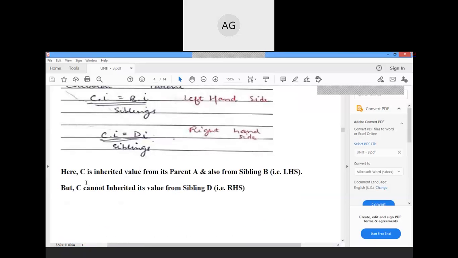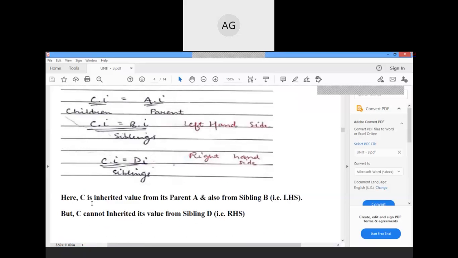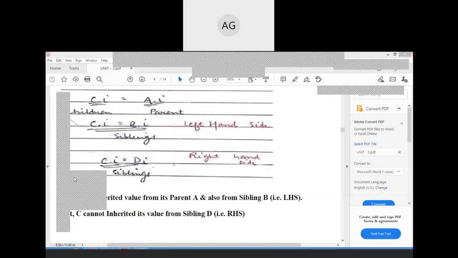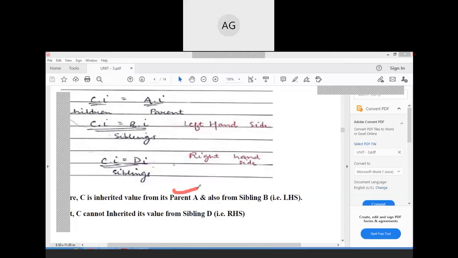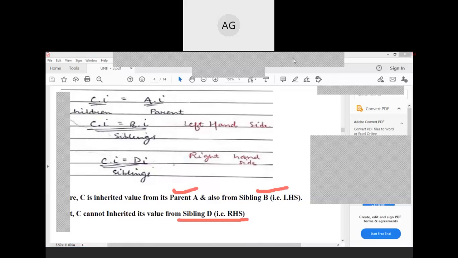So in this example, C inherits its value from its parent A and also from its sibling B, and C cannot inherit its value from its sibling D, because D occurs on the right hand side of C, and C occurs before D. So the value of C does not depend on the value of D. Do all of you understand it till now?